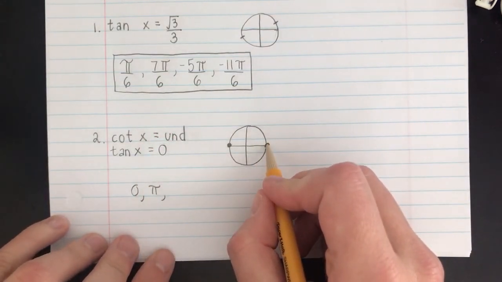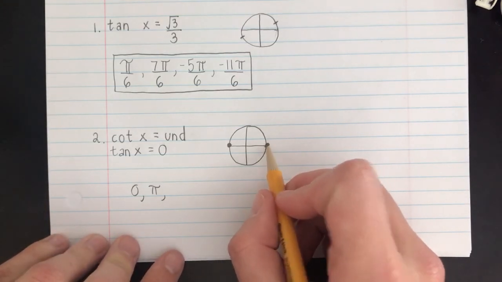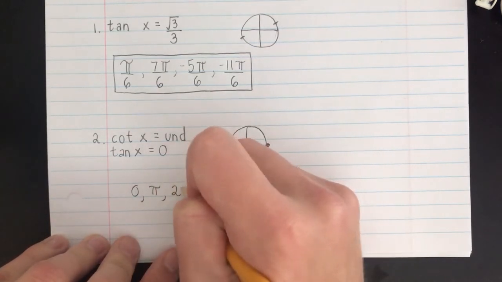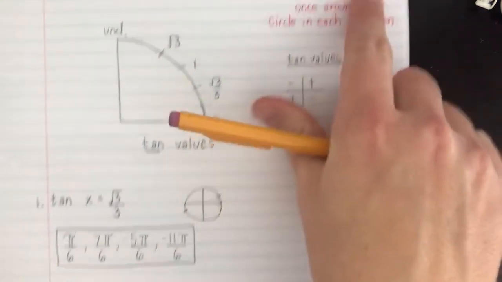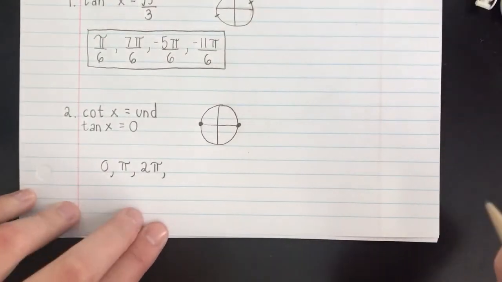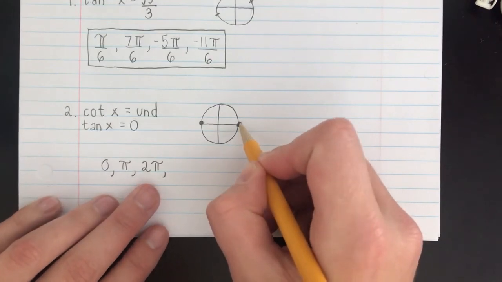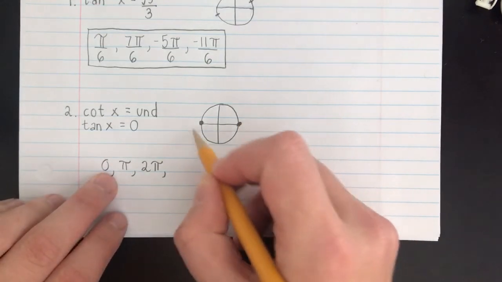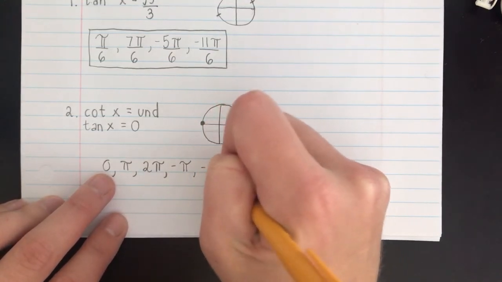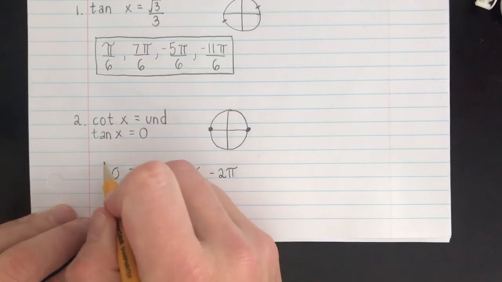In the negative direction, oh, and also, excuse me, 0, pi, and then we would say all the way to 2 pi, because it does include 2 pi. 2 pi is inclusive. It's in a bracket. So we'd say 0, pi, 2 pi, and then in the negative direction, we're not going to say 0 again because we already have it. Then we'll say negative pi and negative 2 pi. So for this one, we happen to have 5.